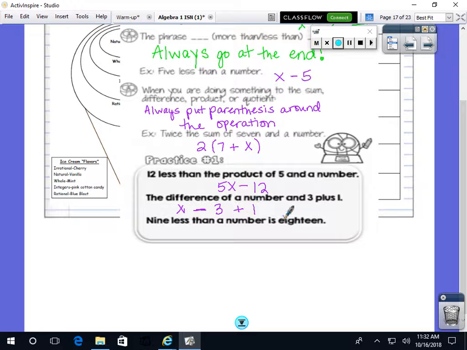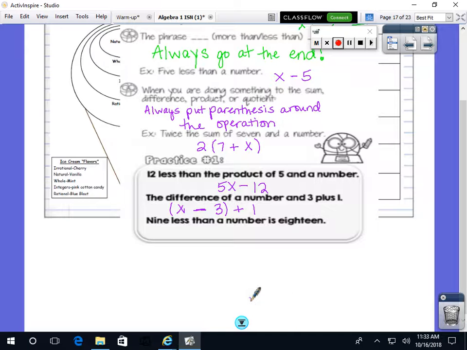So is that it? Are we just adding 1 to the 3? We're adding 1 to the difference, which means the difference operation needs to go in parentheses. Okay, that's this hint up here. When you are doing something to the difference, always put parentheses around the operation. So we put parentheses around the difference of a number and 3. Then we add 1 to it.